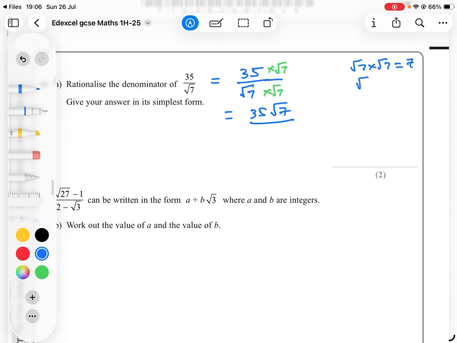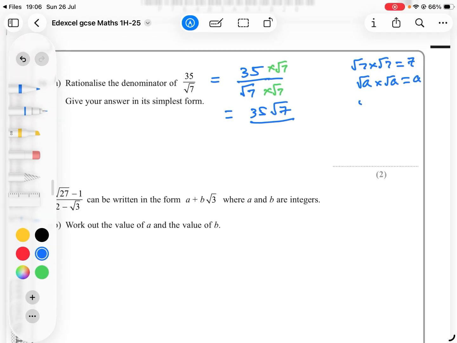So root a times root a equals a. Root 2 times root 2 equals 2. So likewise root 7 times root 7 is 7. Now look at here, 35 divided by 7 is 5. So your answer is 5 root 7.